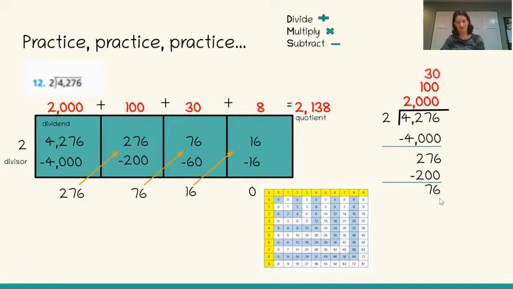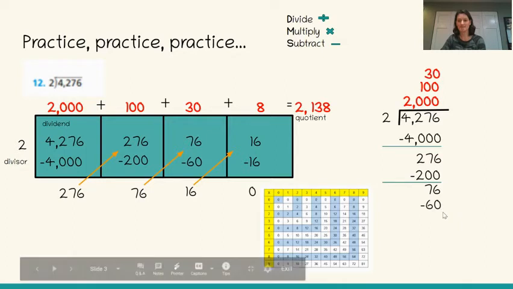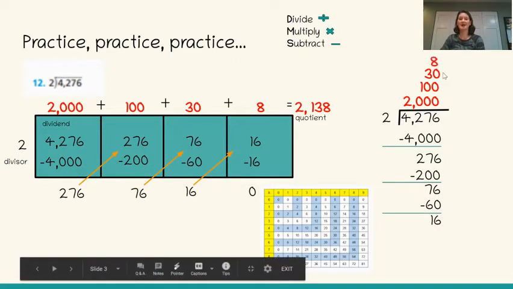We get 30, or 3 tens. Now 2 times 30, because now we're multiplying, is 60. And we're going to subtract to find the difference, which is 16. 16 divided by 2 is 8. 2 times 8 is 16. We subtract. There's no remainder.